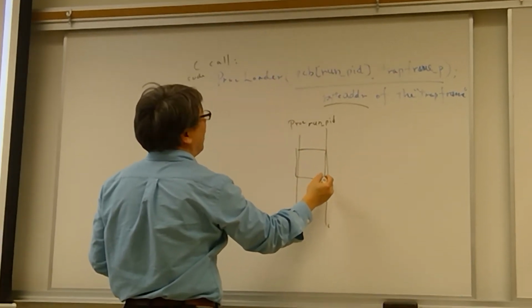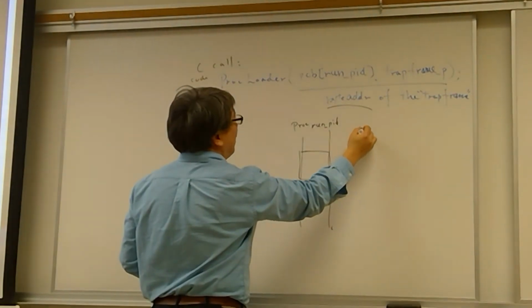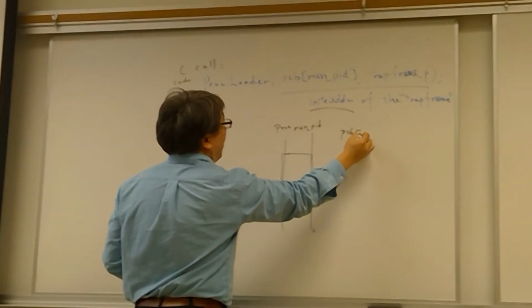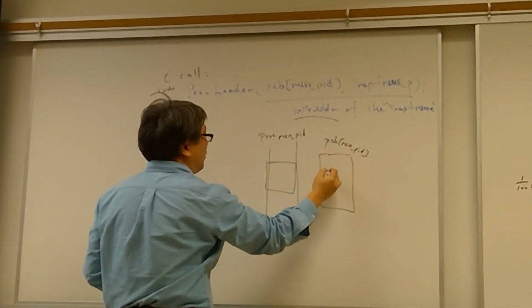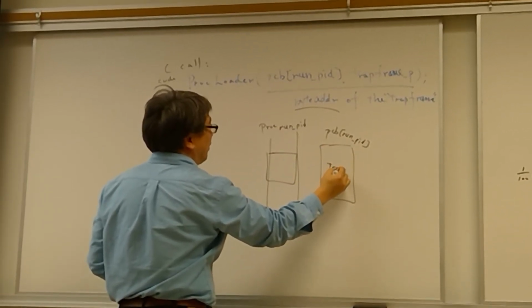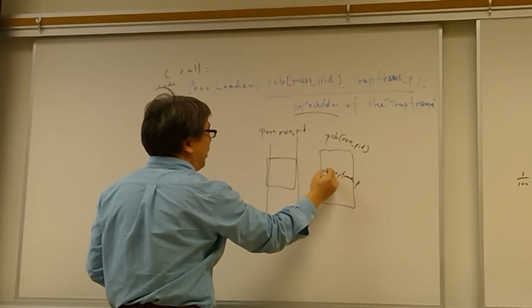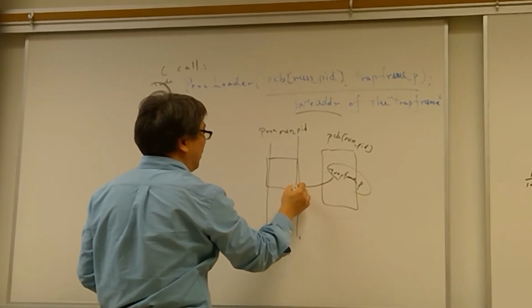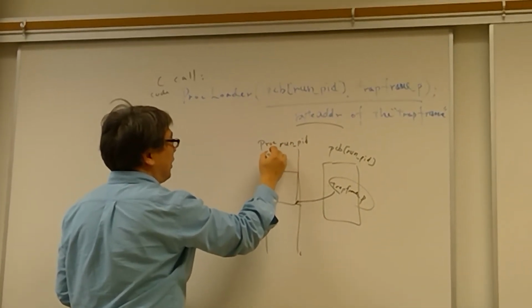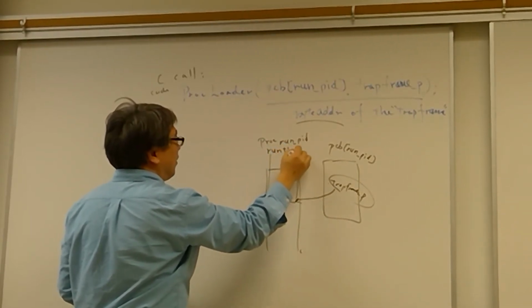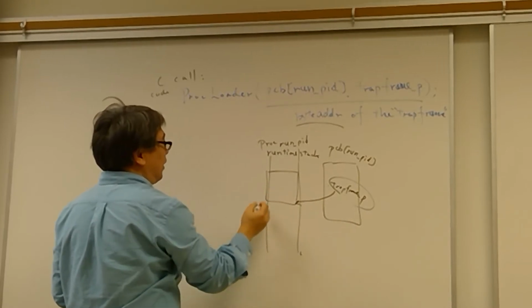So the stack has a trap frame, and the PCB on the run pin is a data structure that has a trap frame pointer. This trap frame pointer is a byte address that points to here. This is a process runtime stack, and this is the content called the trap frame.